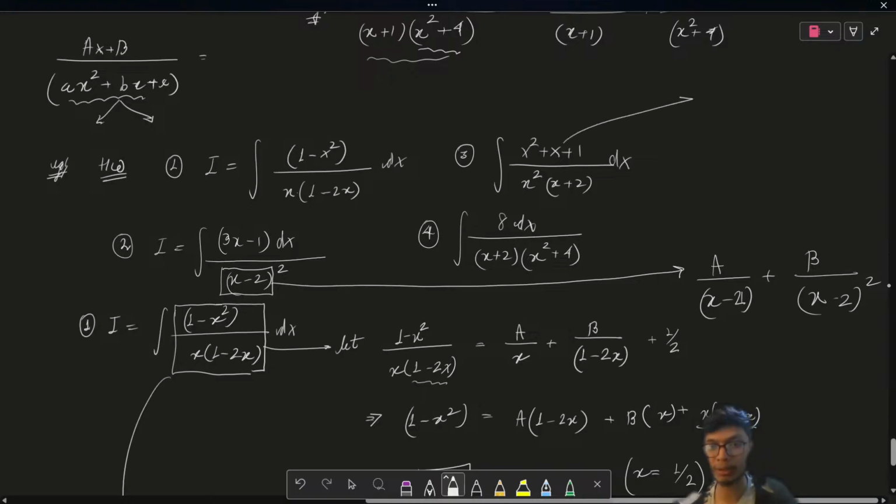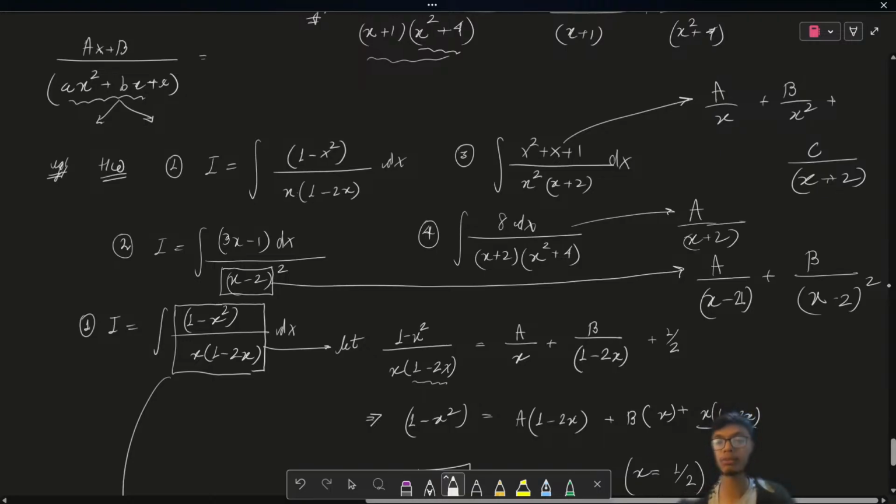And similarly, if you look at the third problem, the partial fraction over here will look like a upon x plus b upon x square plus c upon x plus 2. And if you look at the fourth problem, the partial fraction is going to look like a upon x plus 2, and since x square plus 4 cannot be factorized further in terms of real numbers, it has to be a quadratic in the denominator, so it's going to be bx plus c divided by x square plus 4.